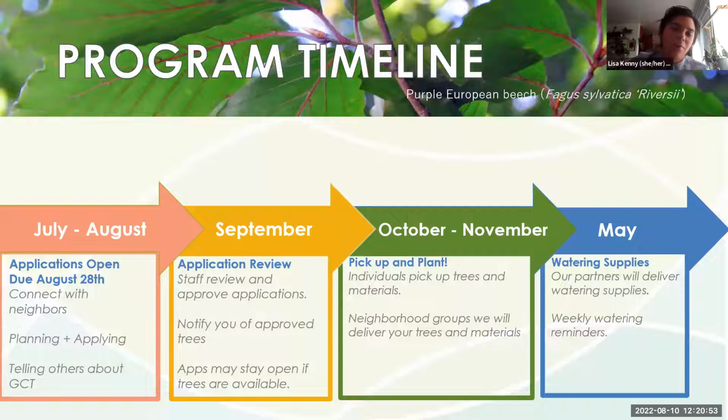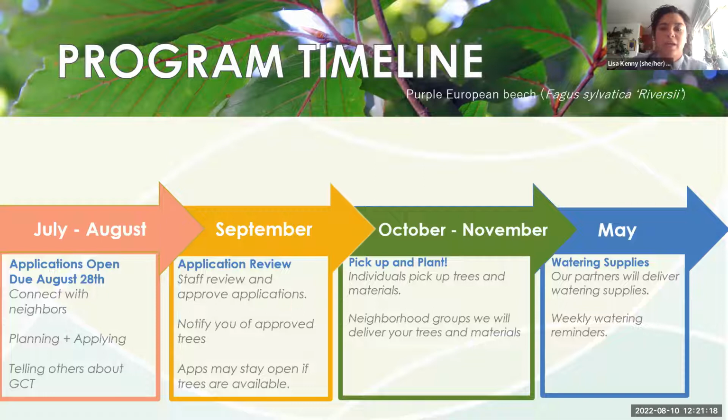Come to our plant holding facility or our nursery and pick up your trees and materials. If you're part of a neighborhood group, that's why we incentivize this: we'll actually deliver all of your trees and all of your materials to one central location, usually the group lead's house.